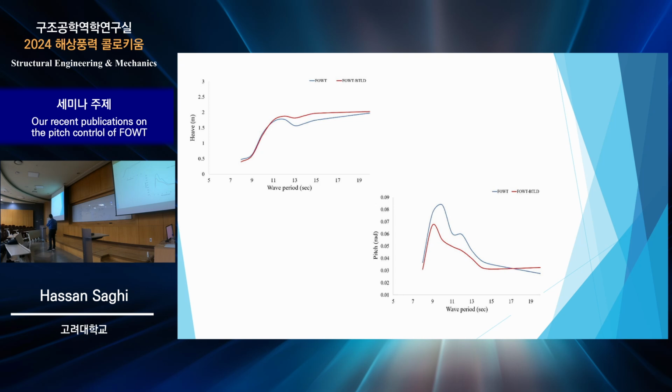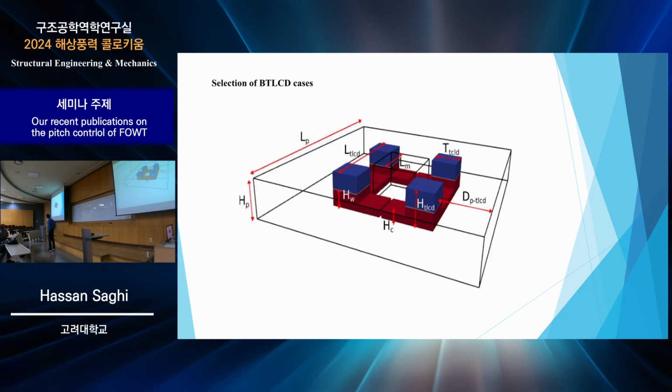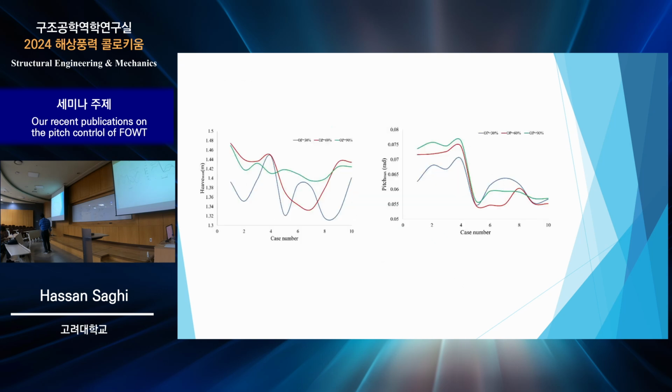After modeling the BTLD, we followed a similar procedure. In this figure, you can see a schematic sketch of the BTLCD with different parameters. We modeled different cases and compared them together. Here, the x-axis is the case number, and we also modeled different OP.